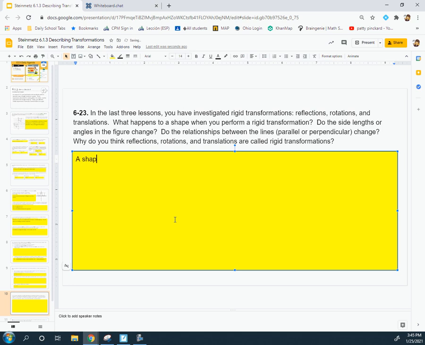So a shape does not change when you reflect, rotate, or translate it. The side lengths stay the same. Angles between the side lengths stay the same.